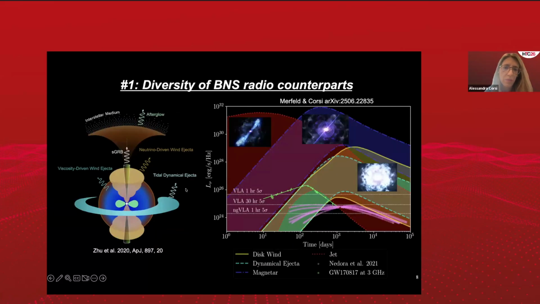Specifically from the radio perspective, learning from GW170817, we can expect that there's going to be a big challenge in the radio, namely, as you see in this left-hand side panel, what we've learned from the multi-wavelength emission mapping of GW170817 is that the places from which you can get photons are different. There's a variety of possible emission components.